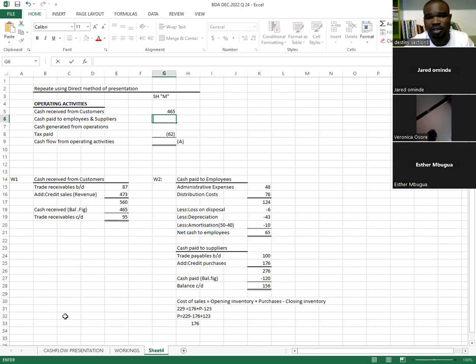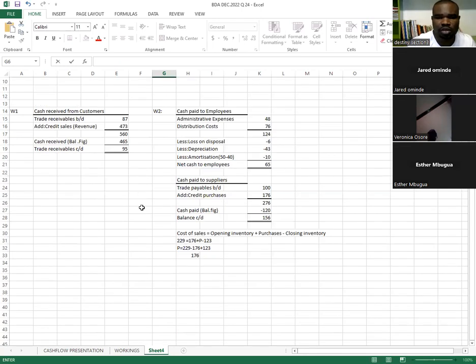So total paid will be 65 plus 120, but I want all of them as negative. So minus 65 minus 120.